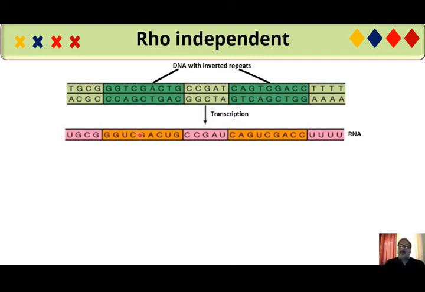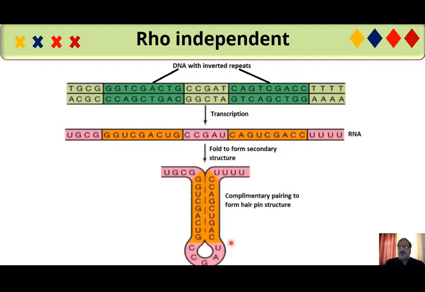Once this RNA is synthesized, this G will form a complementary pair with this C. This G will form a complementary pairing with this. Because of this complementary pairing, a hairpin structure is created.